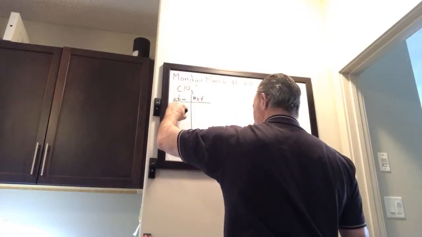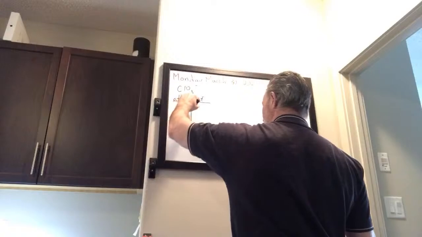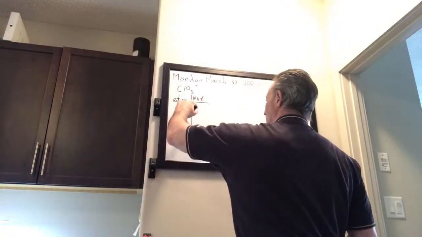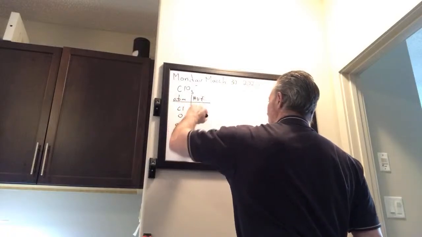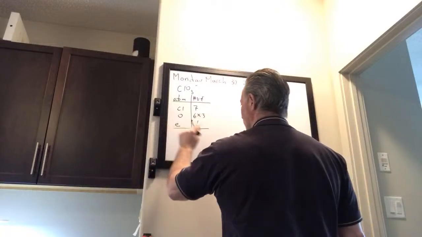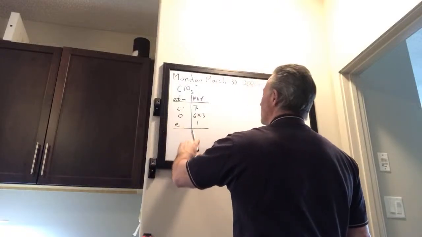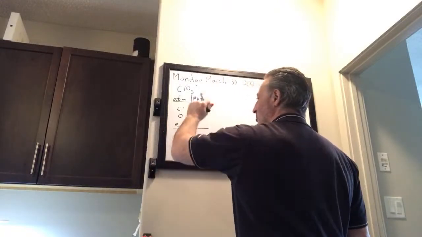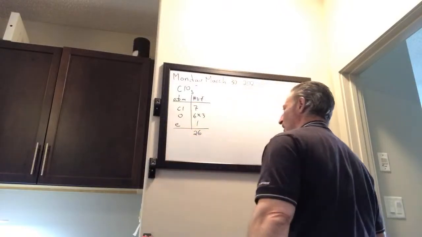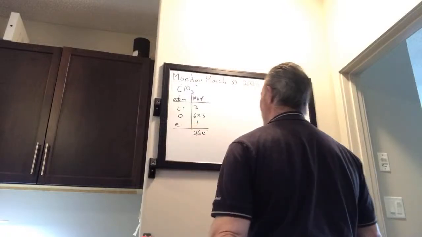It's got chlorine, it's got oxygen, and it's got extra electrons. So there are 7 electrons in chlorine, there are 6 electrons in oxygen, and there are 3 oxygen atoms in chlorate. And then there's an extra electron to account for the fact that there's a negative charge overall. So 3 times 6 is 18, plus 8 gives you a total of 26 electrons to account for in chlorate.